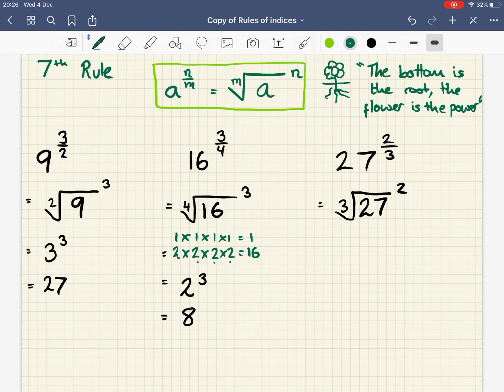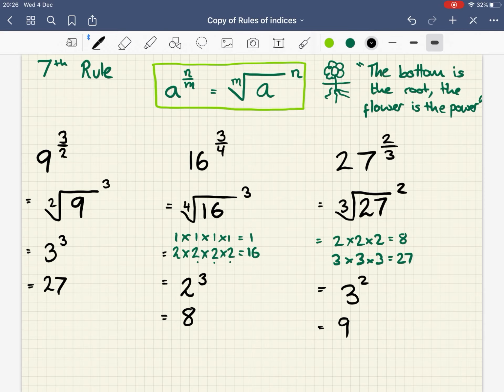If I didn't know what number times by itself 3 times gives me 27, again, start small, so 2 times 2 times 2 gives me 8. That's not going to work. So let's do 3 times 3 times 3. Well, 3 times 3 is 9. Times it by 3 again, 27. Ooh, that's my cube root. So that's going to be 3 squared, which is just 9.